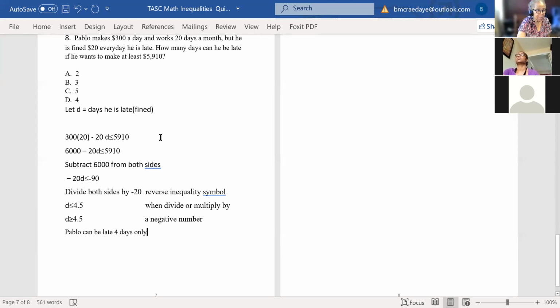That's less than. But if this is a 4, that's 80. Subtracting 80 from 6,000 would give you a number that fits within the 5910. Okay, got it? So you don't round. You've gotta remember when you round and when you don't round.